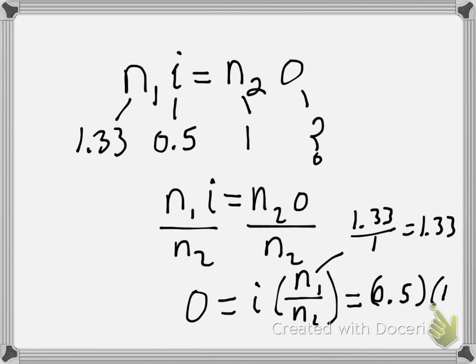So 0.5 times 1.33, and remember this is in meters, is 0.65 approximately. All right, approximately 0.65 meters. So that is how to determine the actual depth of the fish, or vice versa.